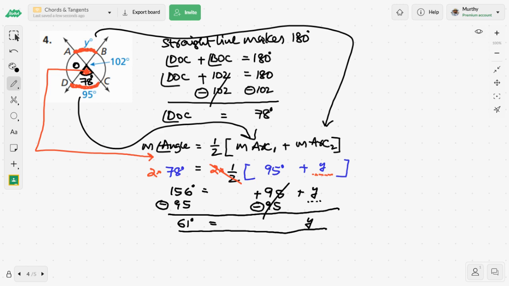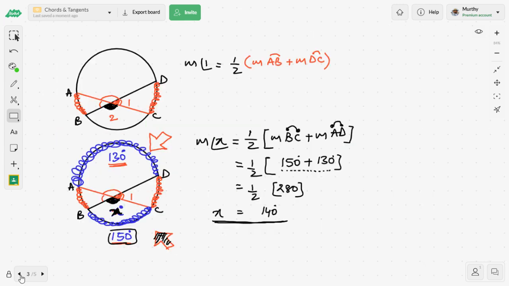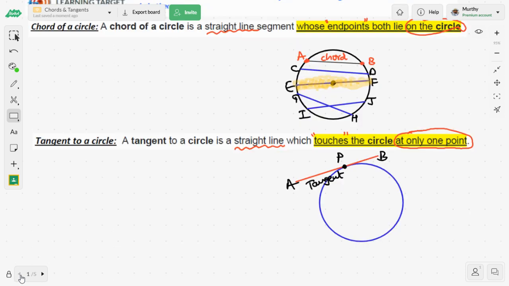Again, as I told you before, first of all, you have to remember the condition or the formula. So here, the measure of angle equals half the measure of arc 1 plus arc 2. I see a kind of relation with the first theorem which you learned.